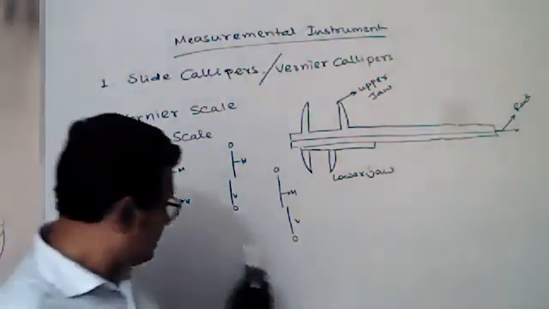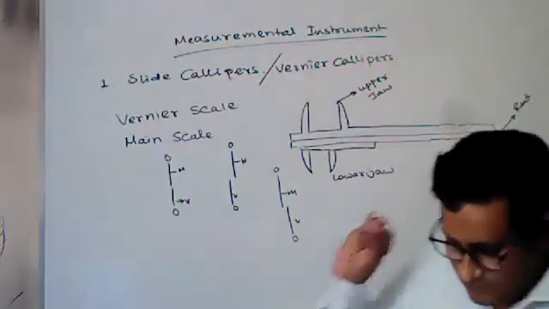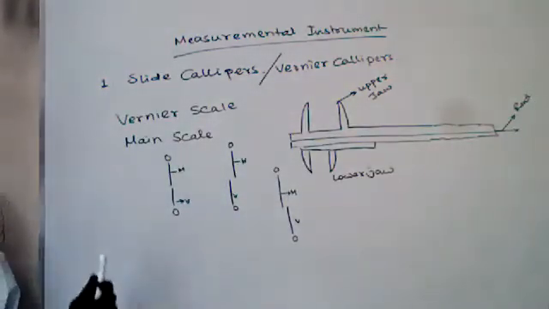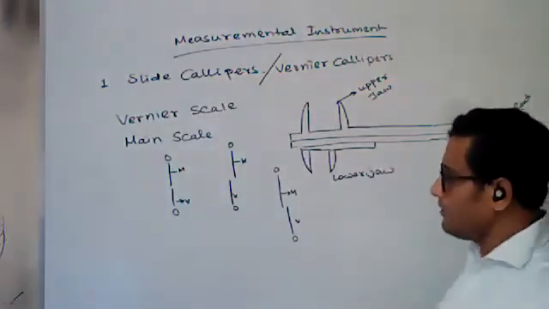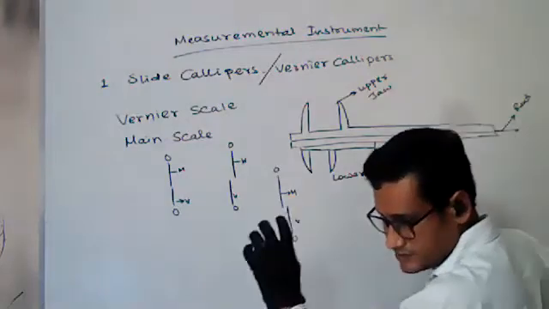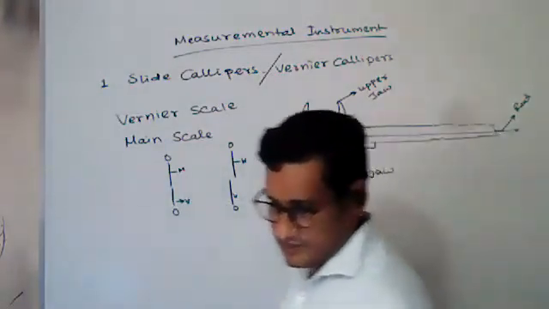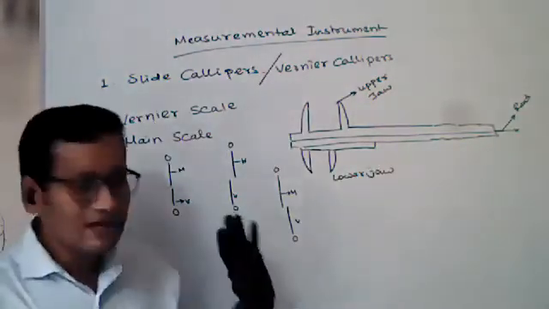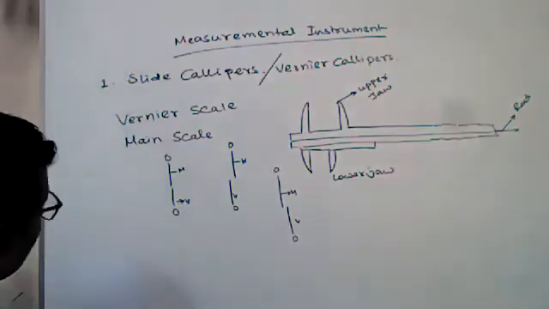This error is called the zero error. There are two kinds of zero error: positive and negative. If the zero division of the Vernier scale is behind the main scale zero, that is called the negative error, and in forward, that is called the positive error.